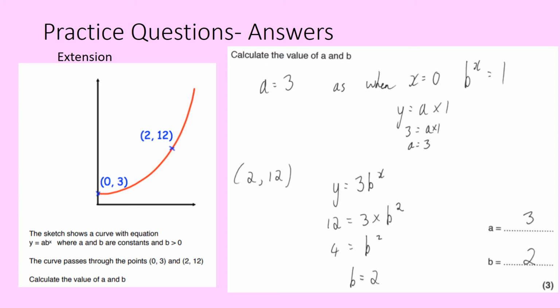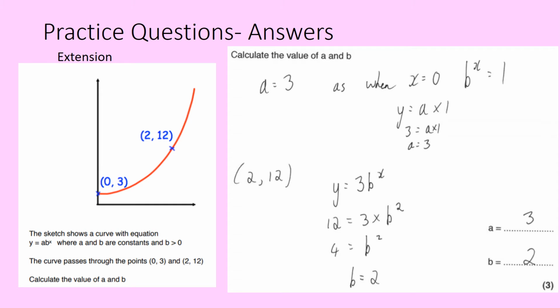So when x is equal to 0, y is equal to 3. So we'll substitute those values into our equation. So we will have 3 is equal to a times b to the power of 0. Now, anything to the power of 0 is 1.